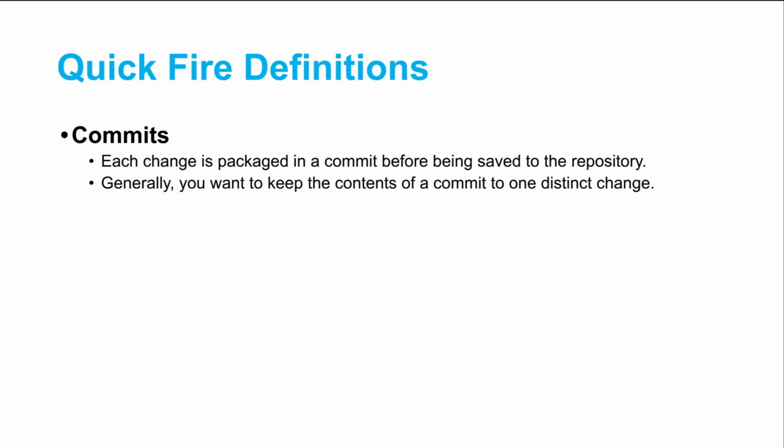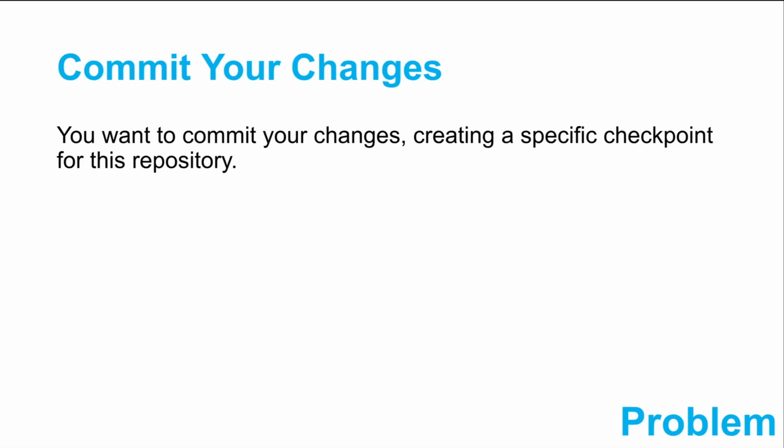So it wouldn't be just that one page, but it would be that page plus links to that page. One distinct feature. And this allows you to have things be easily reversed if you ever have to do that.